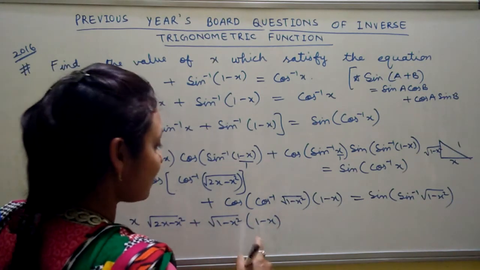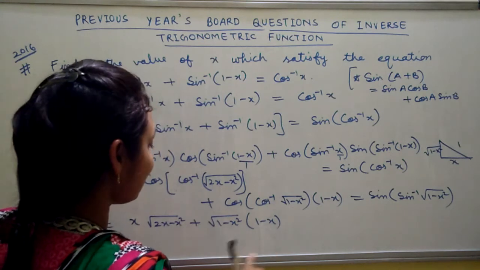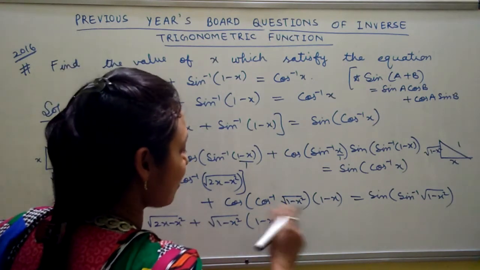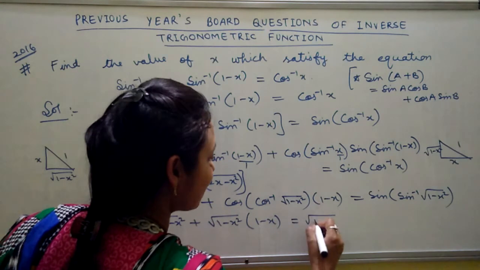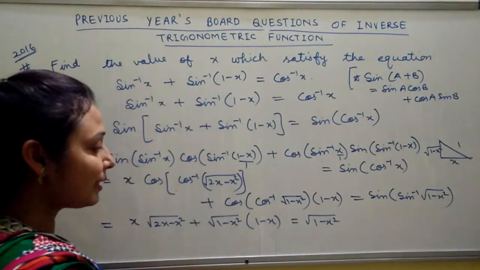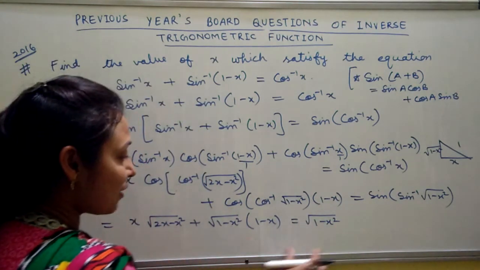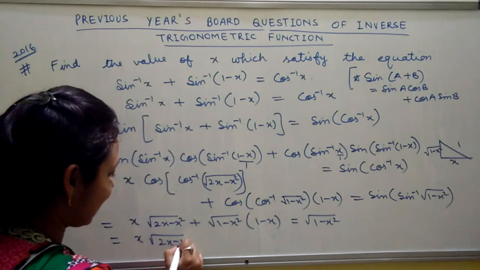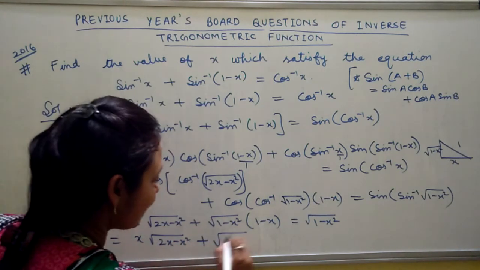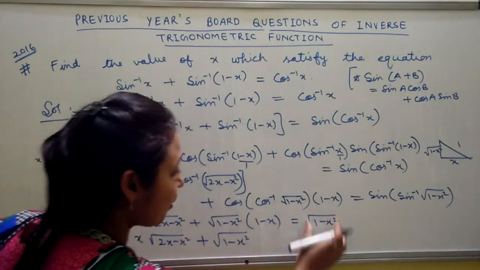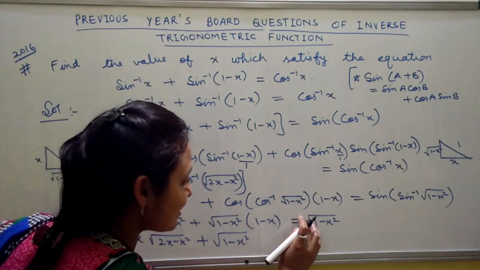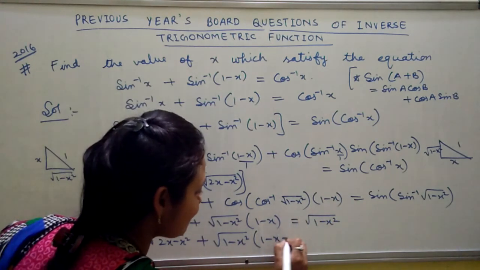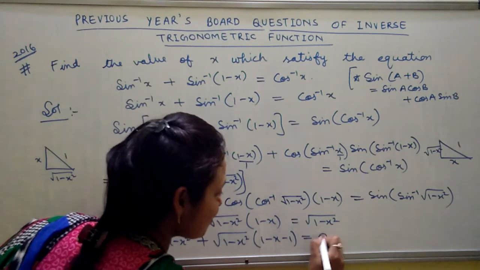Okay. So in this value we have cos A is equals to 1 minus x square. Right. So I will take this on the left hand side to simplify. 2x minus x square plus under root of 1 minus x square, I will take common. So when you take this, it becomes 1 minus x minus 1 is equals to 0.